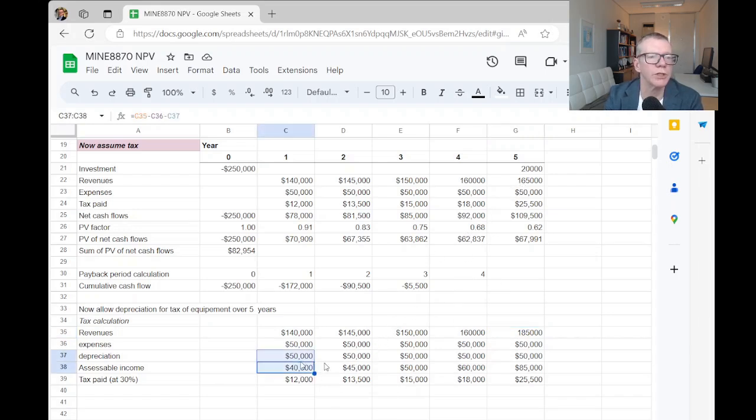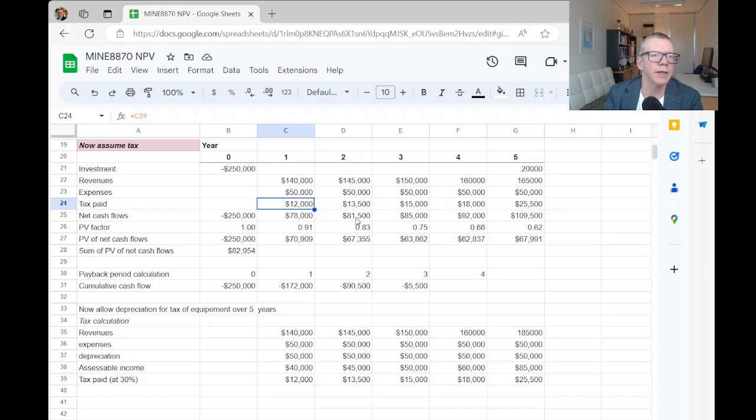So our assessable income each year is going to be the revenues, less the cash expenses, less the depreciation, and each year we're paying tax of 30% on that assessable income. So that gives us the amount of tax that we're paying, and that gets then reflected up in our NPV calculation.